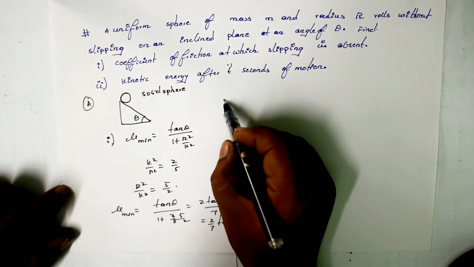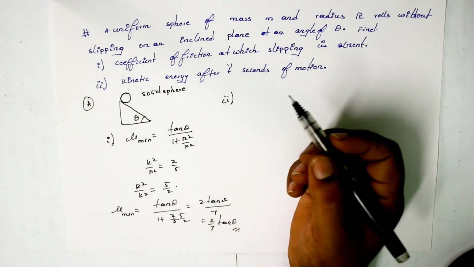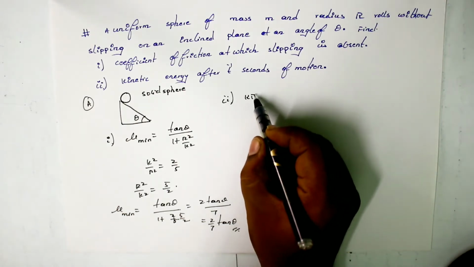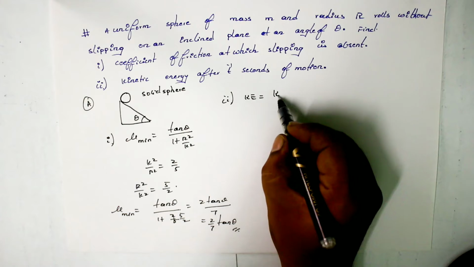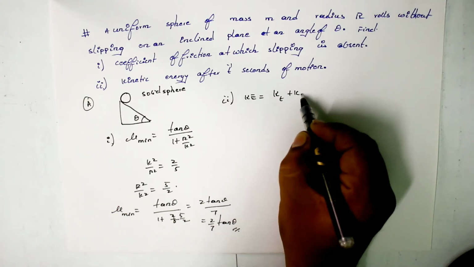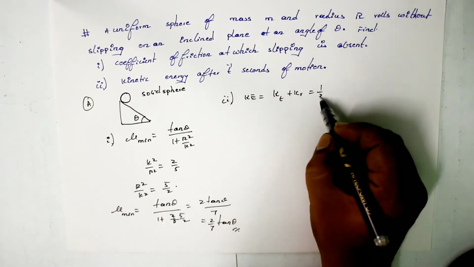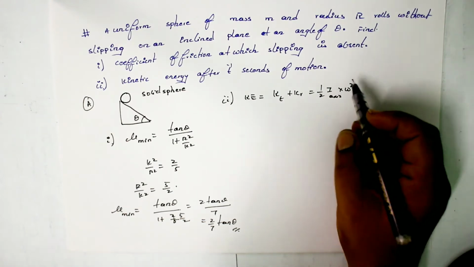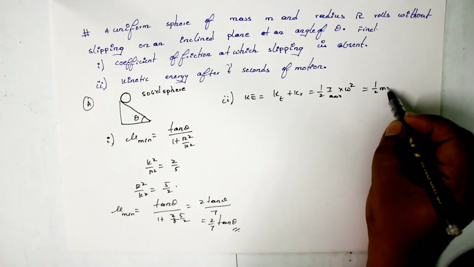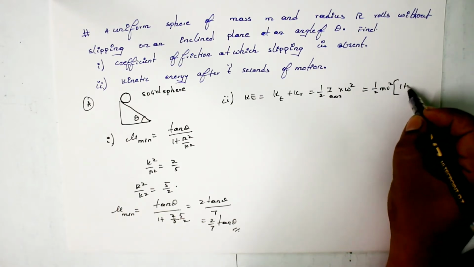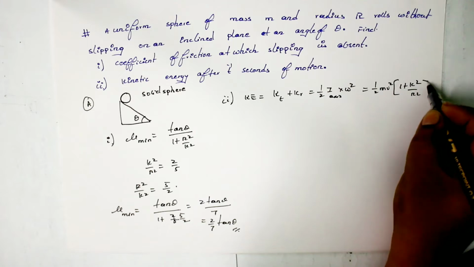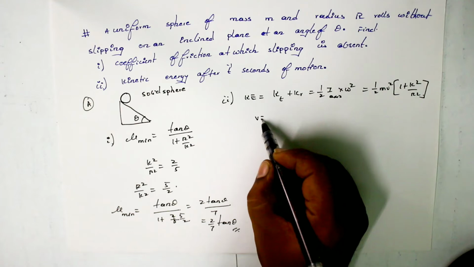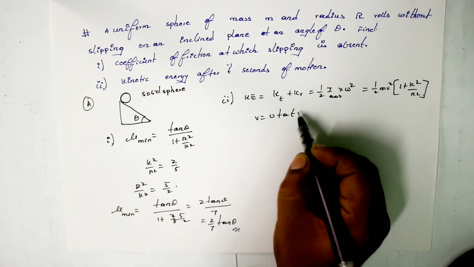Now the second question is asking us to find the kinetic energy after t seconds of motion. The final kinetic energy is the sum of translational kinetic energy plus rotational kinetic energy. We know the formula: half I omega square, or I can also write half m v square into 1 plus k square divided by r square. For this I require the final velocity, which can be calculated by v is equal to u plus at.